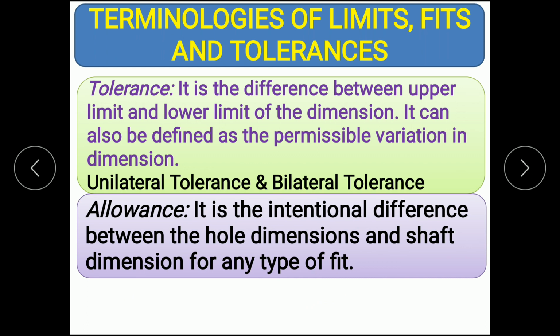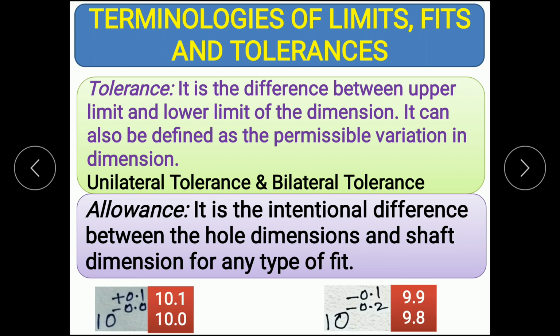Suppose you take an example. Let us say this is the dimension of the hole and this is the dimension of the shaft. The dimension of the hole is 10 plus 0.1 minus 0, which means the upper limit is 10.1 and the lower limit is 10. The shaft dimension is 10 minus 0.1 minus 0.2, which means the upper limit is 9.9 and the lower limit is 9.8.